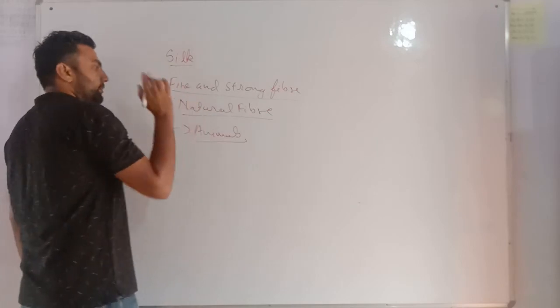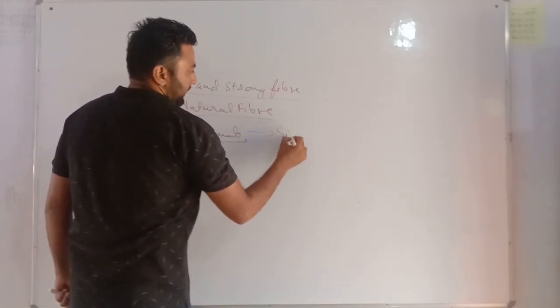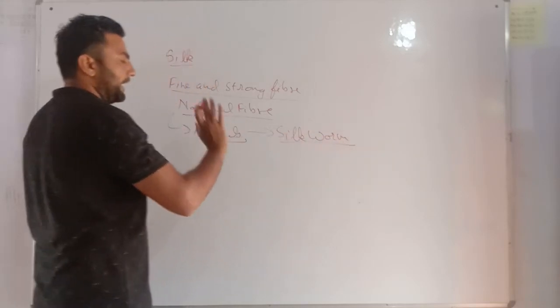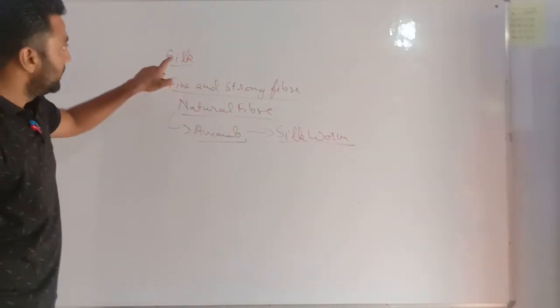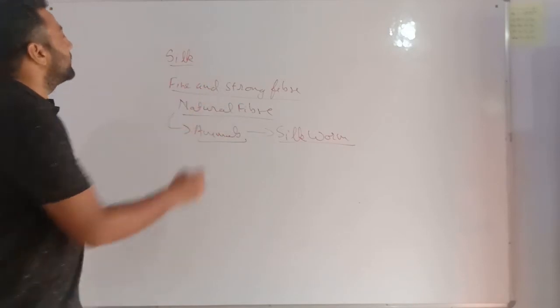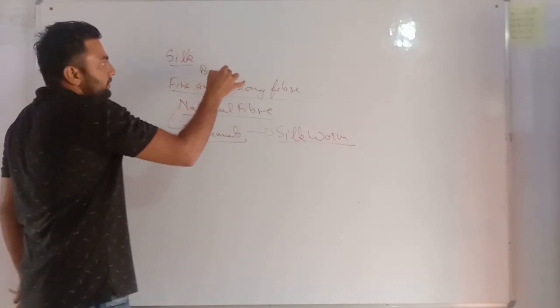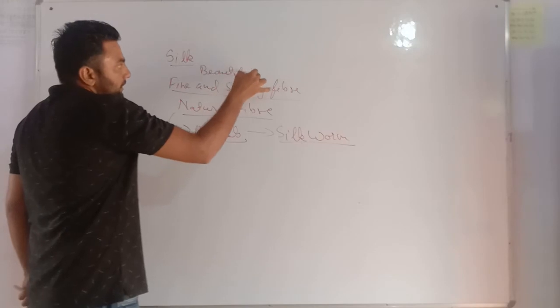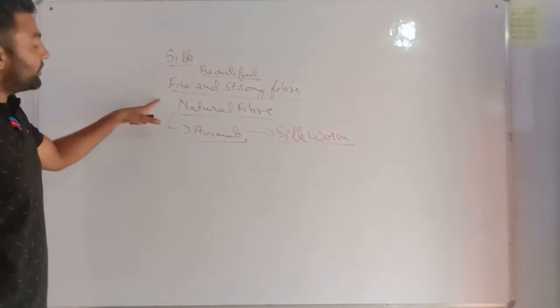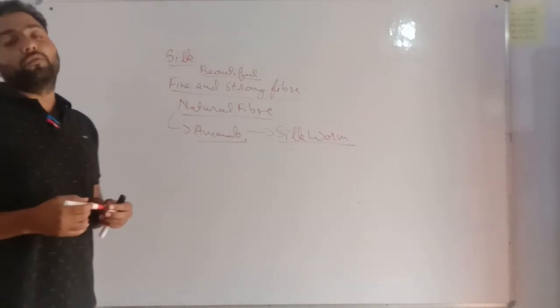That's why it is known as an animal fiber. We get it from the silkworm. Very, very important. We get silk from the silkworm. Silk is a very fine, beautiful and strong fiber. It is a natural fiber and we get it from the silkworm.